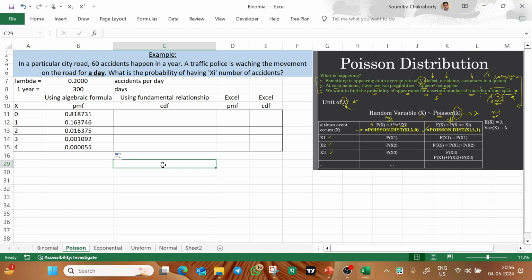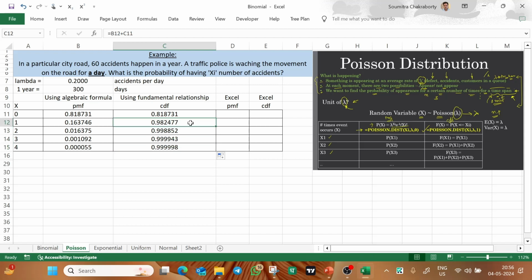So this gives you the PMF values, and how to calculate the CDF values using fundamental relationship. This one is equal to this, then this is plus this. Just add this cumulatively to get the CDF values.